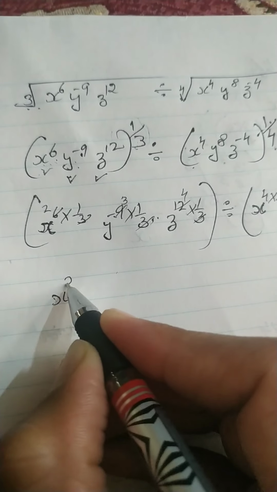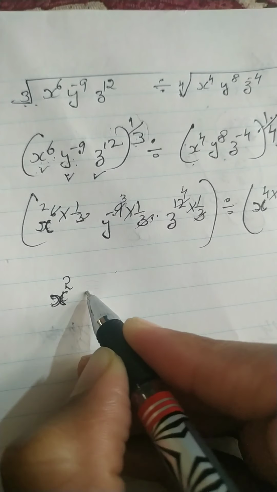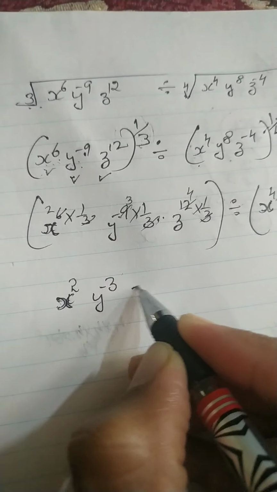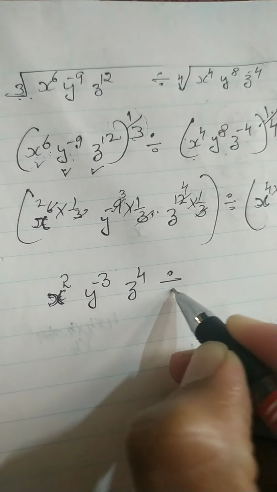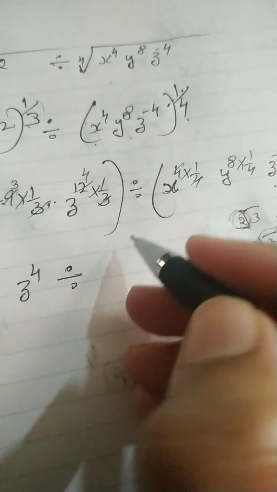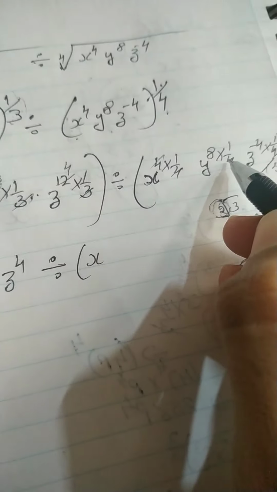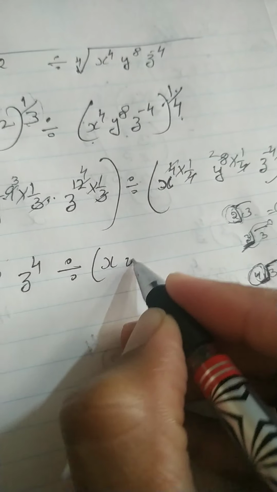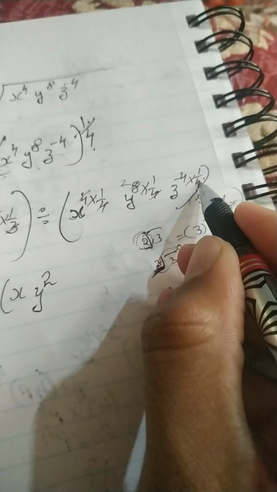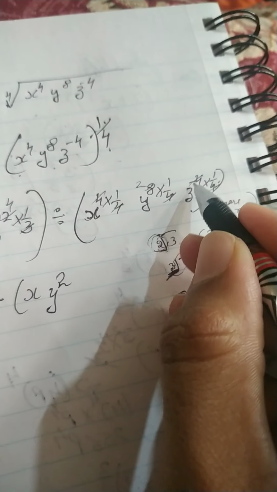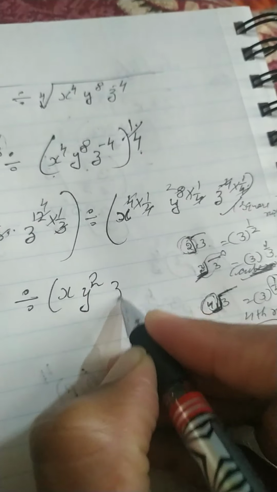We are left with x square, y raised to power minus 3, and z raised to power 4, divided by, here 4 and 4 cut, x, 4 twos are 8, y raised to power 2, and 4 and 4 also cut, z raised to power minus 1 is left.